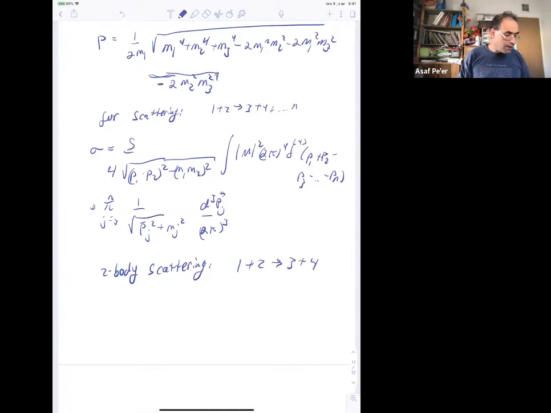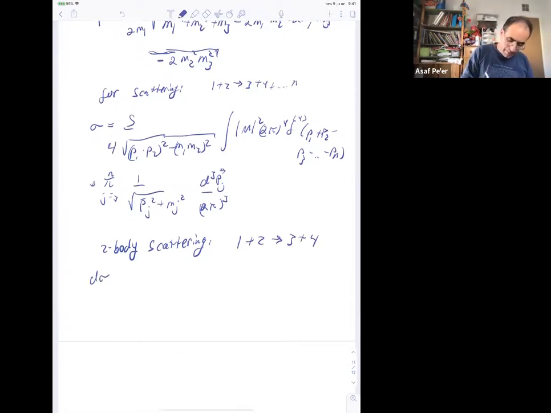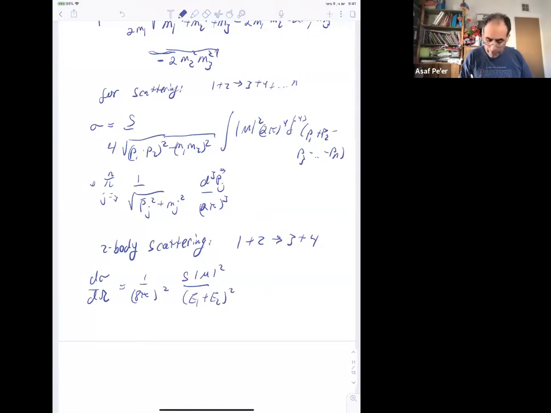We showed that dσ/dΩ is 1 over 8π squared, times s |M|² divided by (E1 plus E2) squared, times pf over pi. Here pf is the magnitude of the outgoing particles' momenta, and pi is the magnitude of the incoming particles' momenta, again in the center of mass frame, of course.